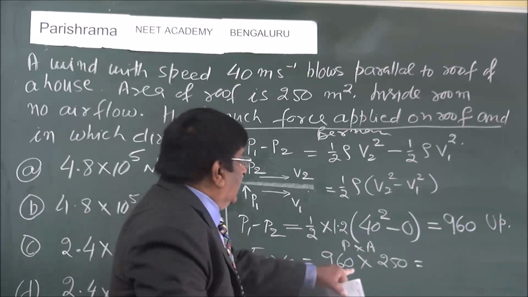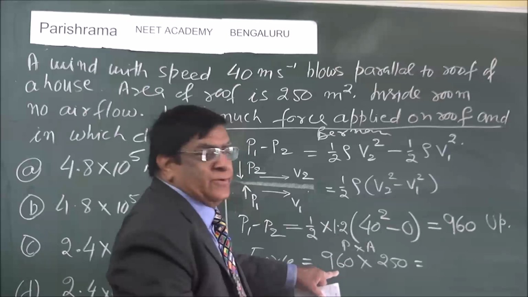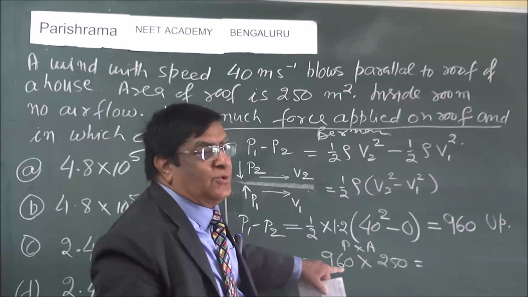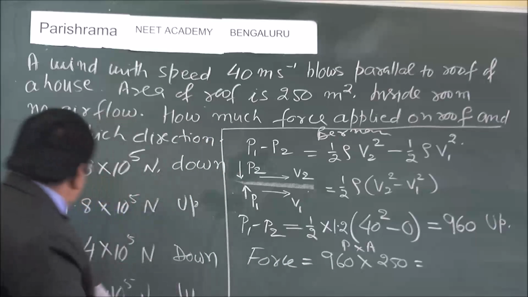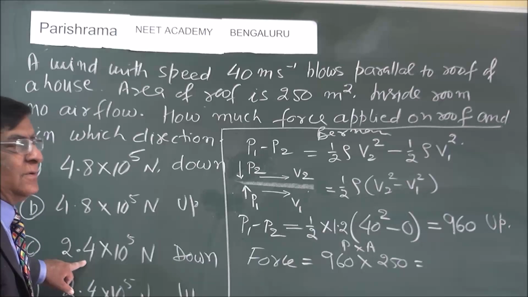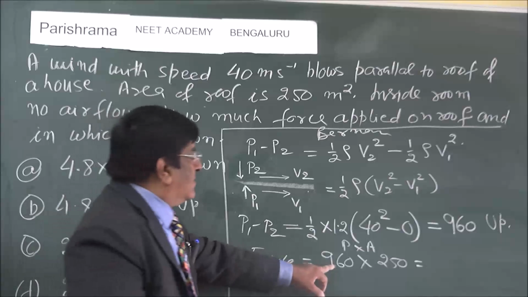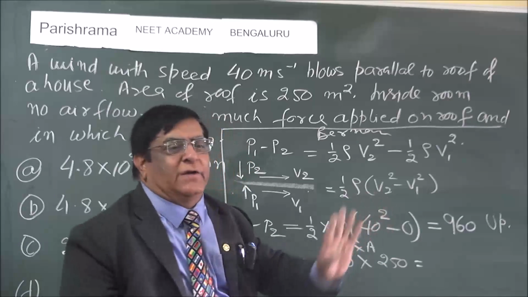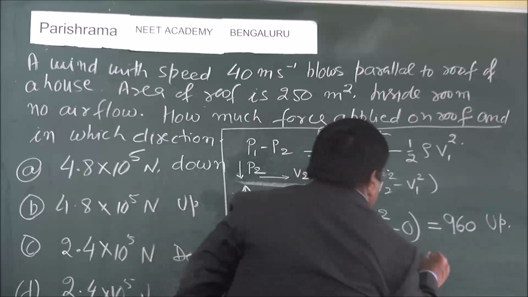Okay, so this will be what? 2.4. In the examination, I don't do it fully. I will see 4.8, 2.4. What it is coming? 2.4. Yes, 25 into 96 is 2.4. Now power.